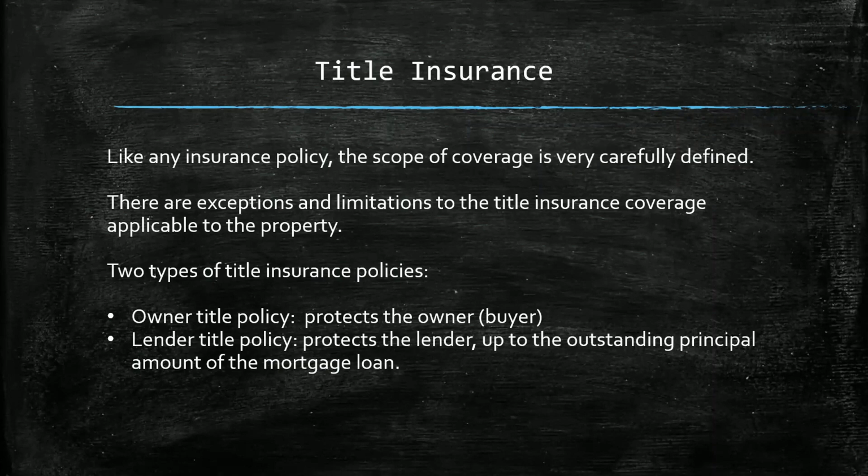The coverage under a lender policy is up to the outstanding principal amount of the mortgage loan. So as the owner is paying down their mortgage with each monthly payment, the total amount of coverage under the lender's policy is reduced by the amount of the principal that gets paid off with each mortgage payment.